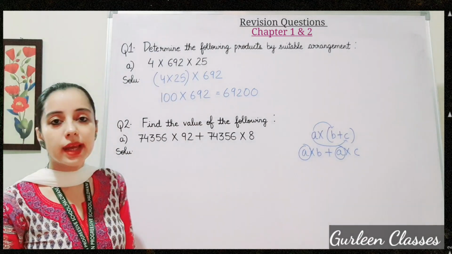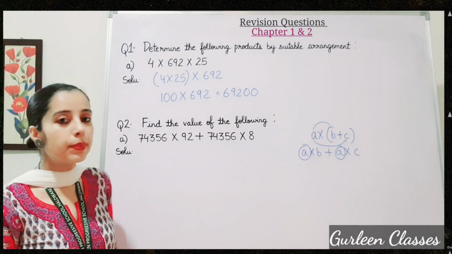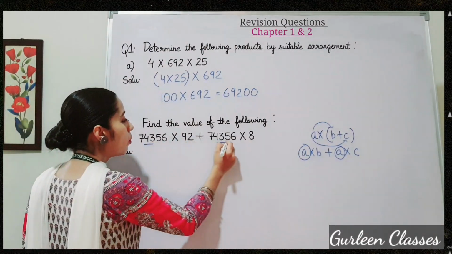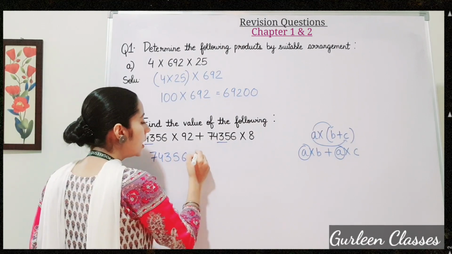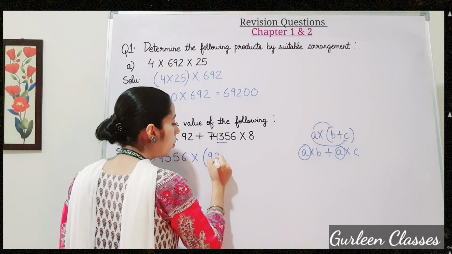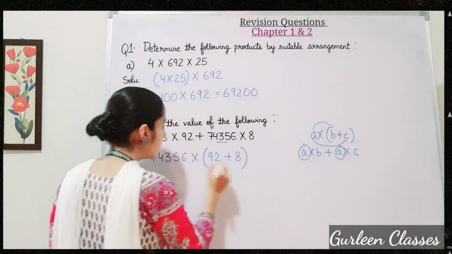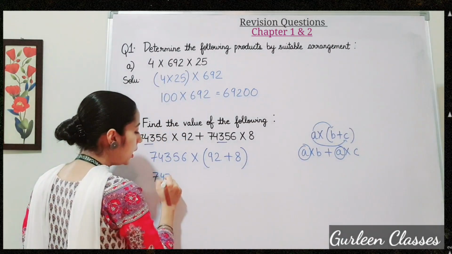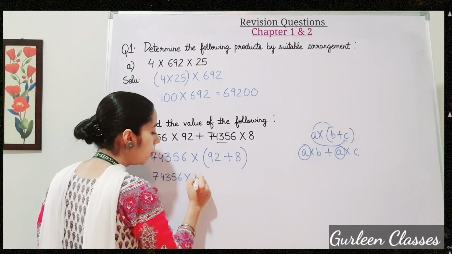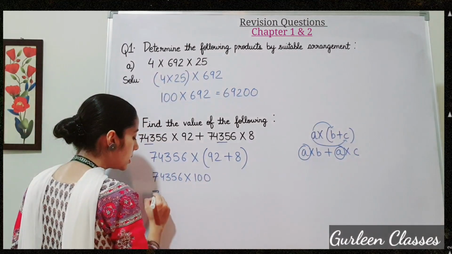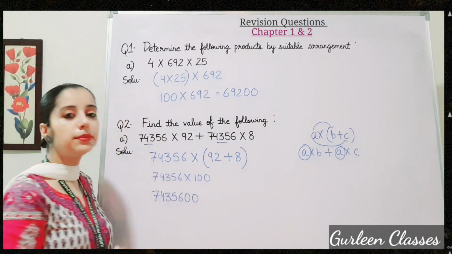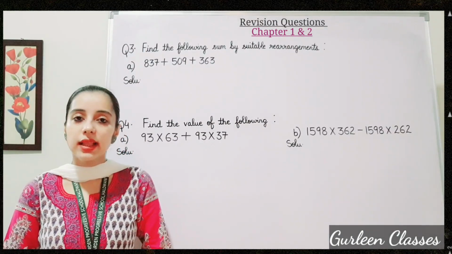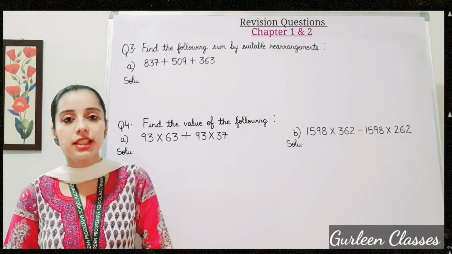So this question is based on this distributive property. So let us take common 74356, 74356 into 92 plus 8. 74356 into 100. So answer is 7435600.